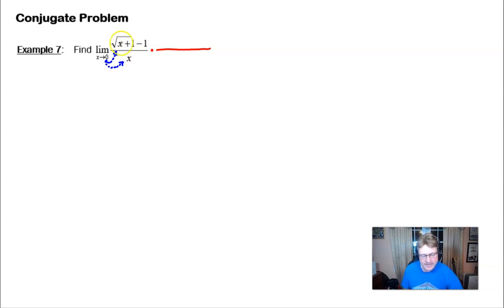The conjugate is a binomial expression that has an opposite sign in the middle, right? So in this particular case, we're going to take the square root of x plus 1 and add 1 after it. Now, you can't go around just multiplying fractions by things at your own whim unless you balance it all out and multiply the denominator.